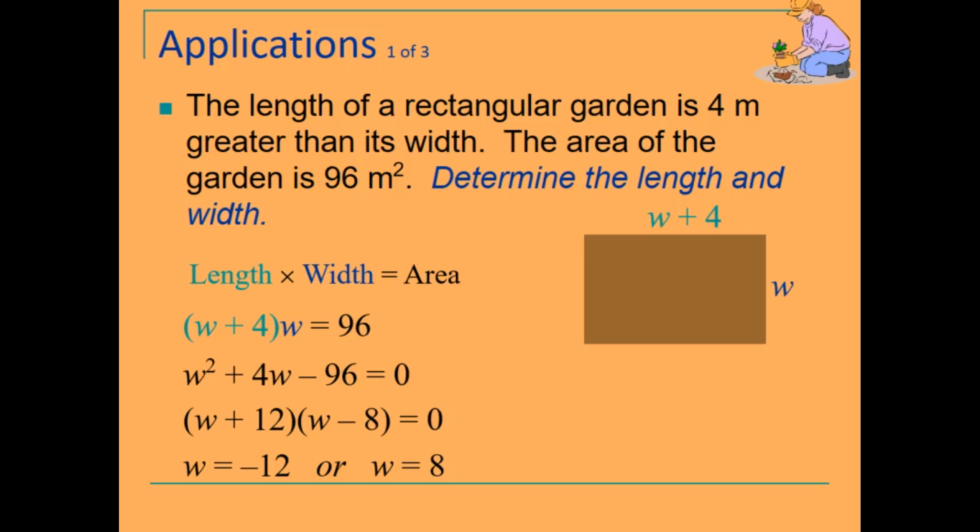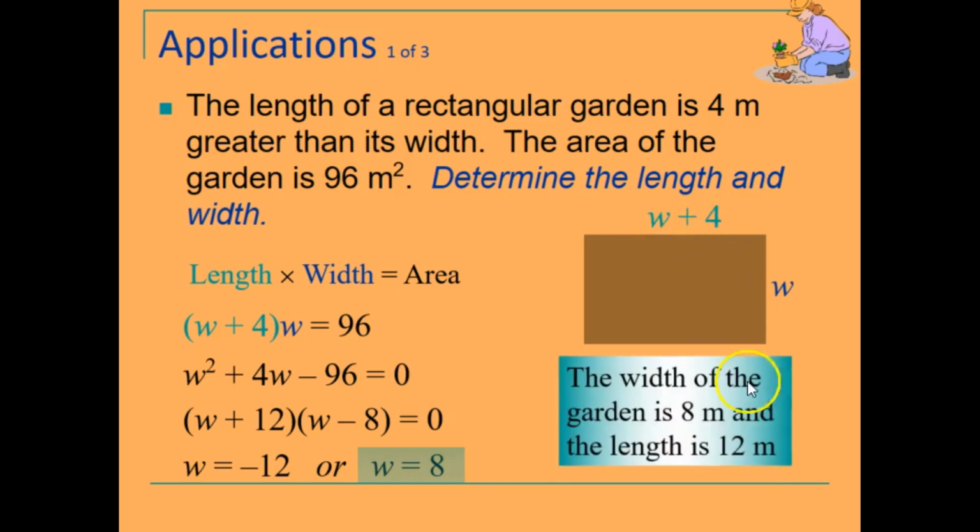Although both of these are solutions to this quadratic equation, we're looking for a length. So we'll reject the -12, accepting w equal 8. Replacing w with 8 will generate our length of 8 plus 4, giving us 12. So to answer this problem, the width of the garden is 8 and the length is 12 meters.